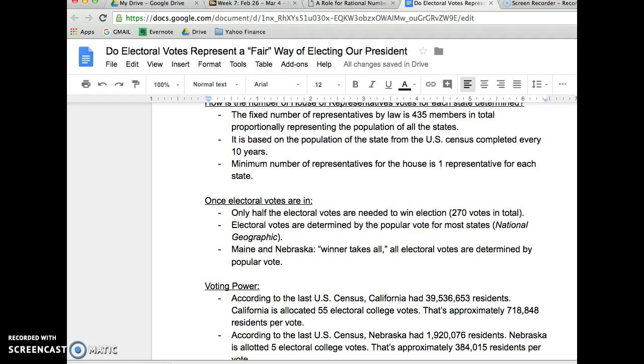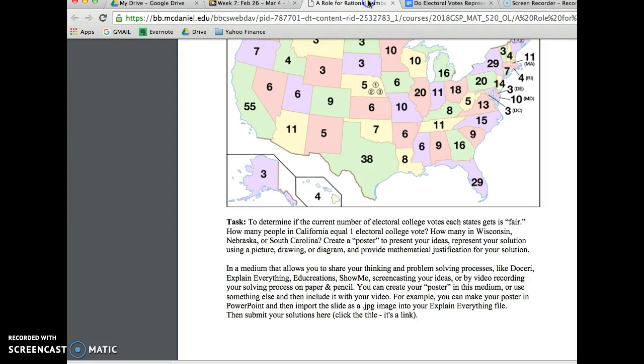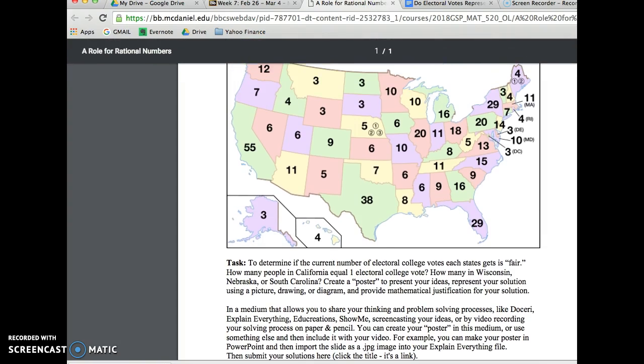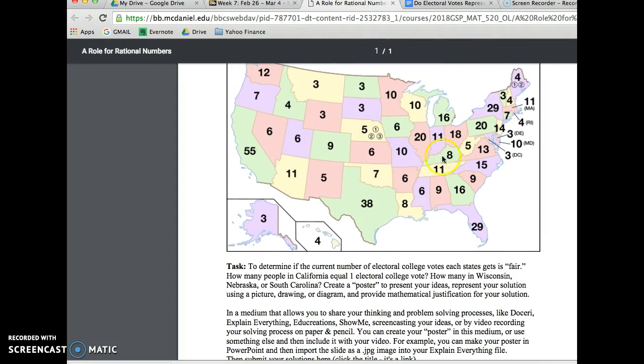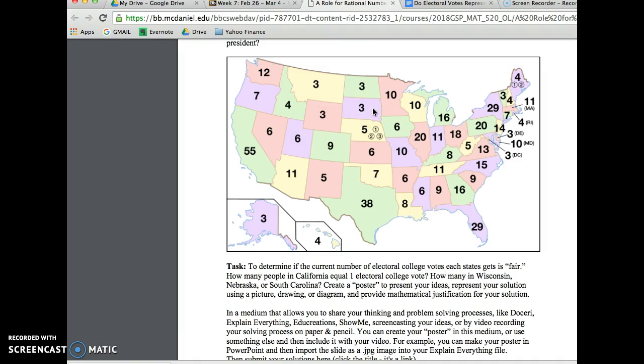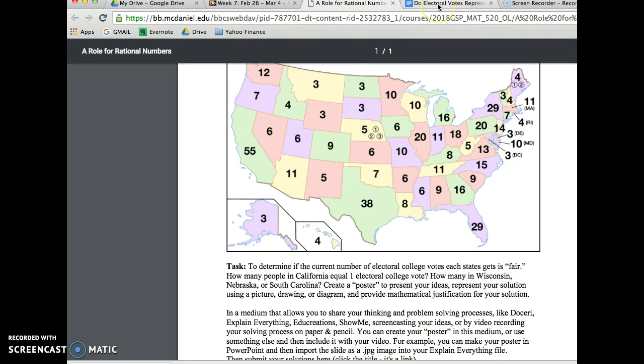So now, if you look at this diagram, you can see how the electoral votes are allocated. It's based on population. So California has a very large population, so they get 55 electoral votes. Places like Wyoming and North Dakota and South Dakota have like 3 electoral votes because the population is much smaller.